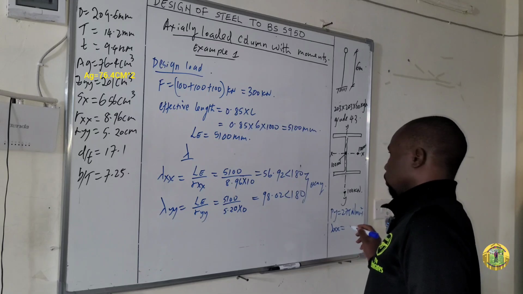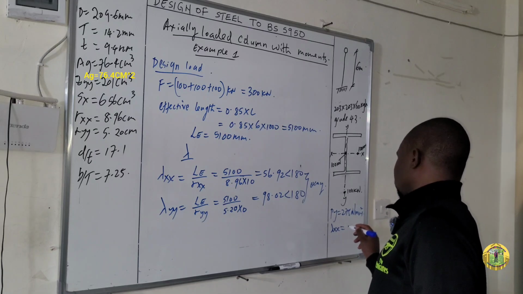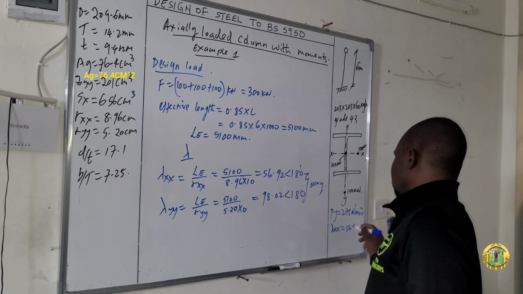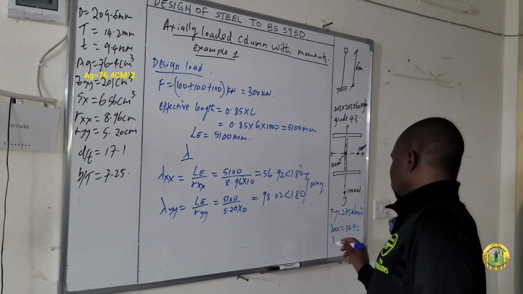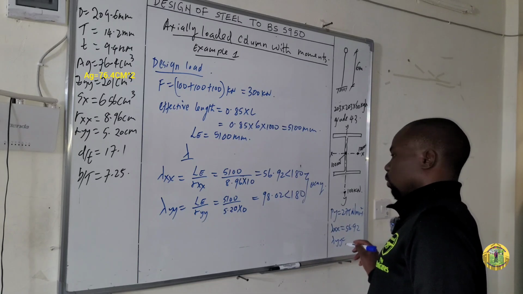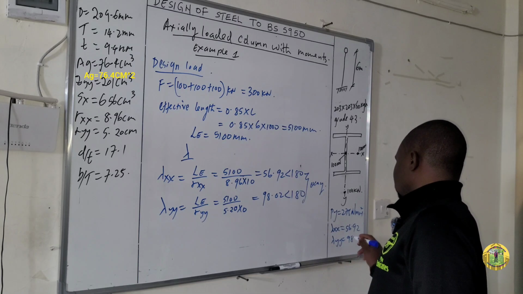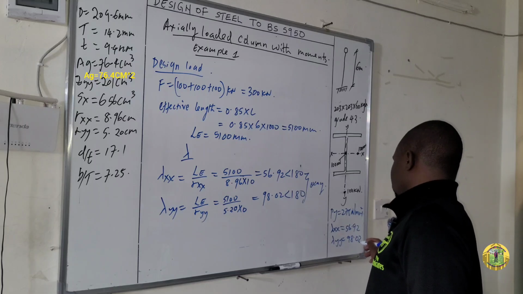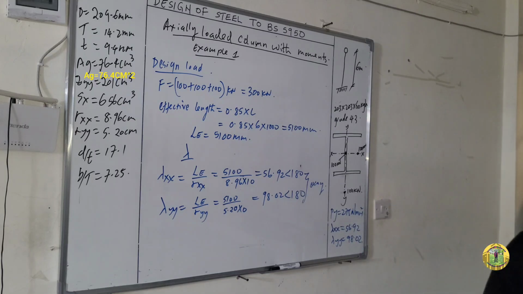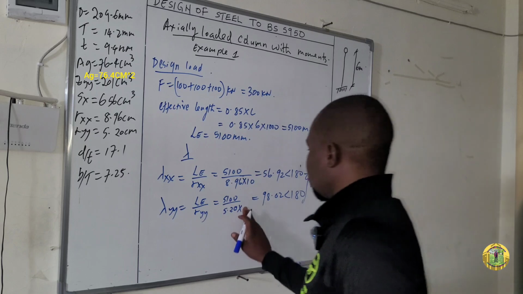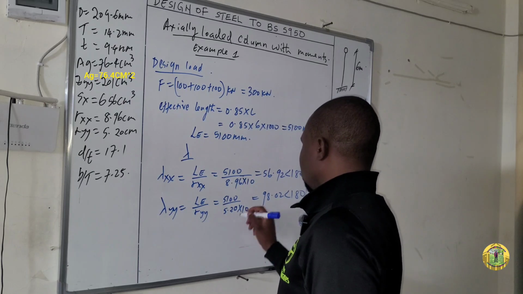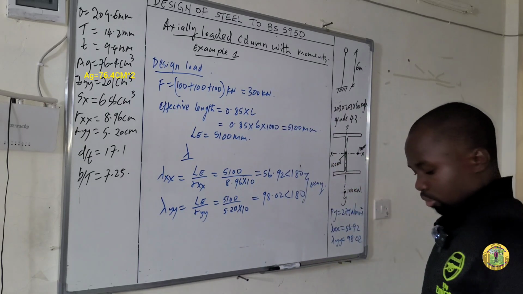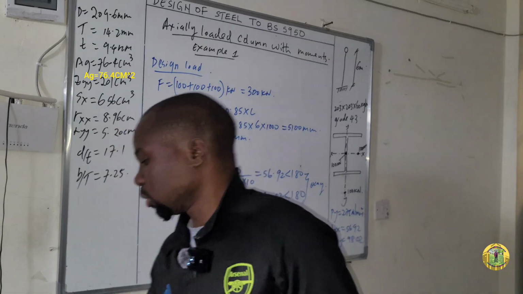Lambda XX is equal to 56.92. Lambda YY is equal to 98.02, like that. So this one is over 10 times 10, not 0 times 10. Sorry for that.